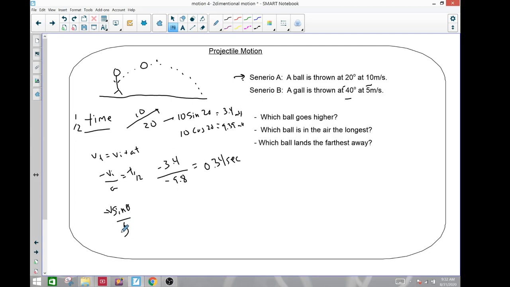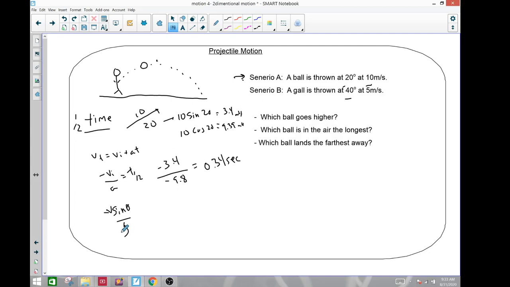So I got negative velocity, which is this guy is going 5 times the sine of 40 degrees divided by negative 9.8, and I get 0.32 seconds.